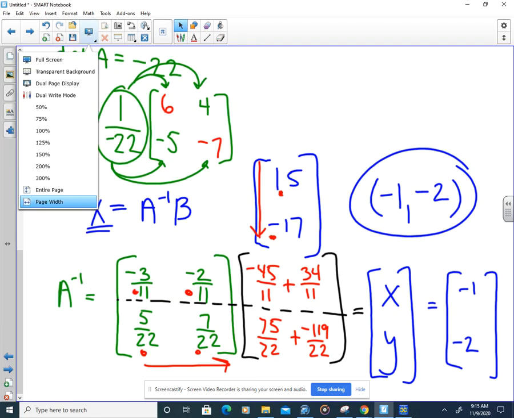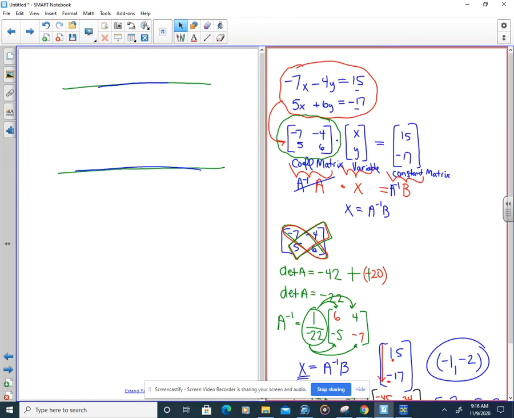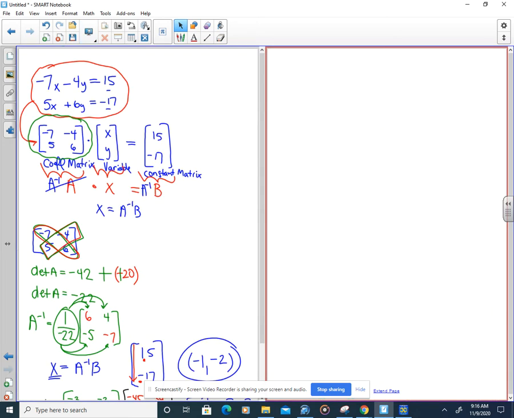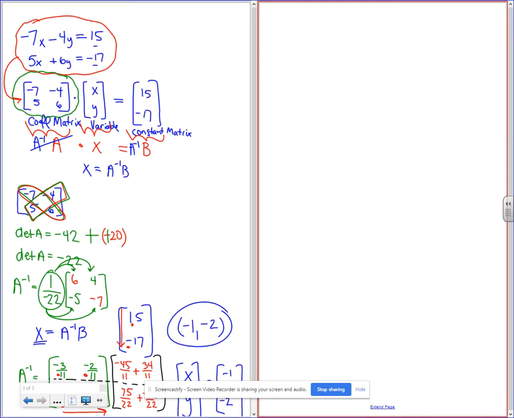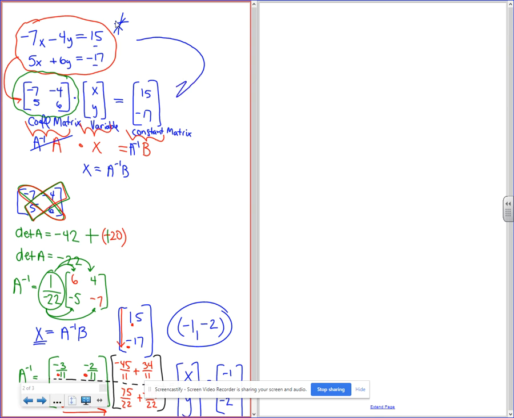All right, let's take a look at this. So we started with a system of equations. Then we changed it to a matrix equation.